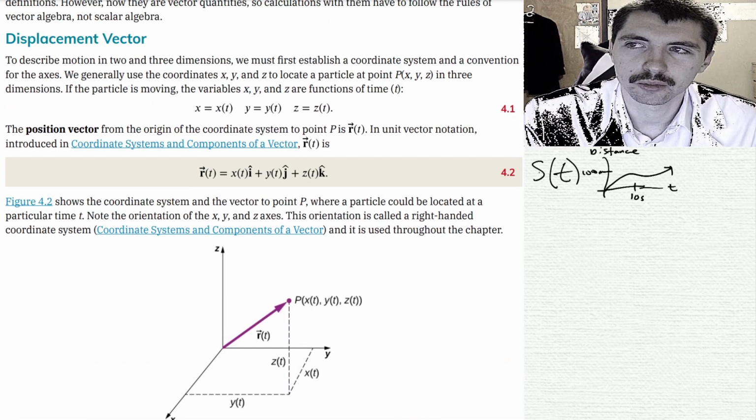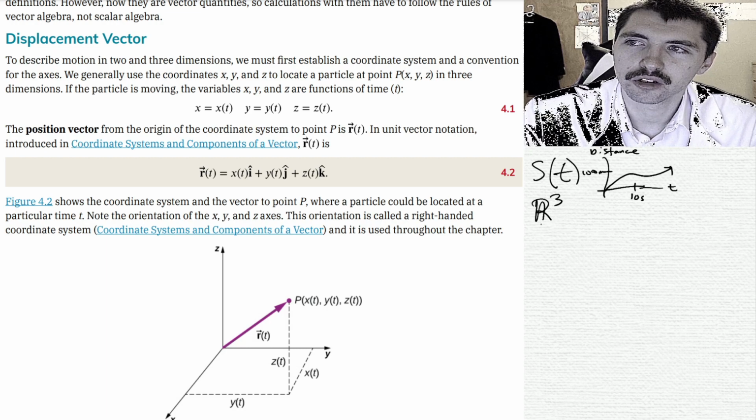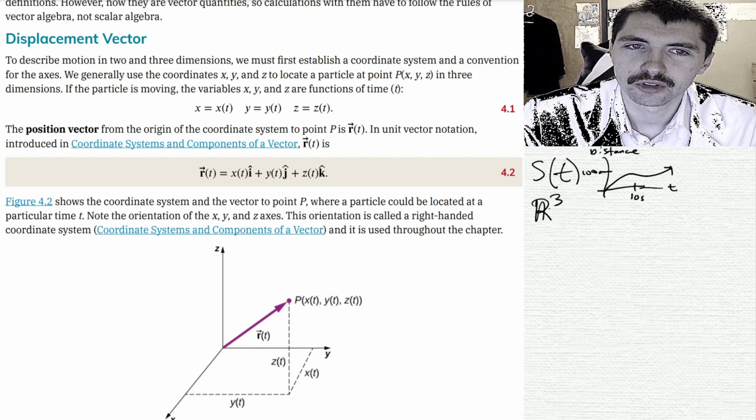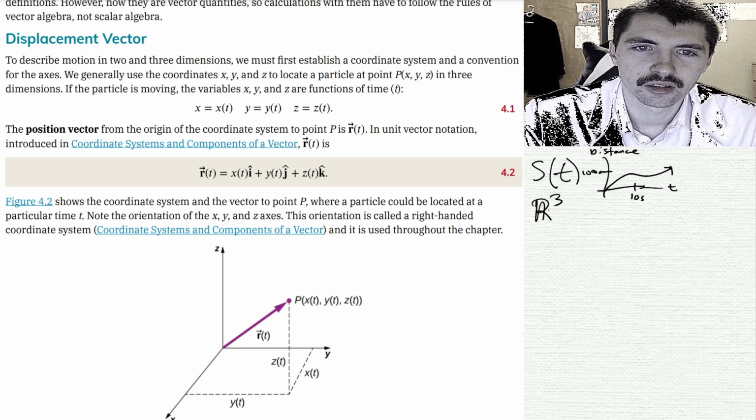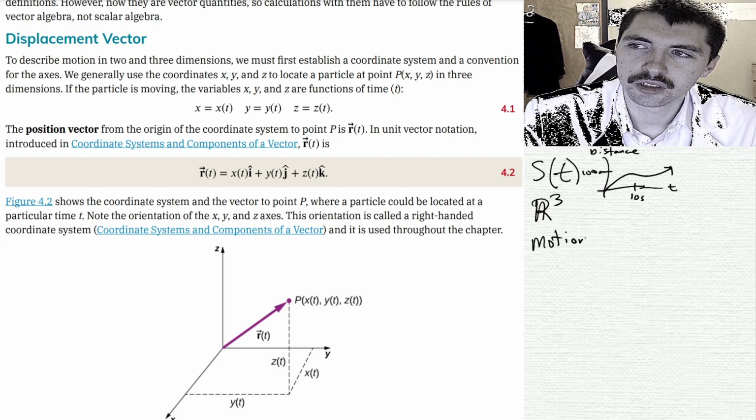Okay, so we're going to use R3 space, basically the XYZ coordinate system. Generally we use coordinates X, Y, and Z. A particle at a point XYZ is moving. The motion of a particle.